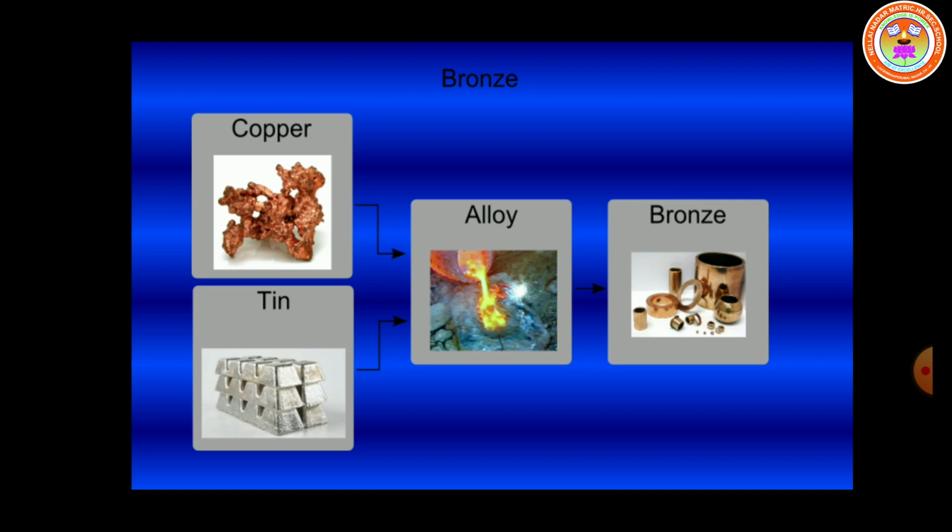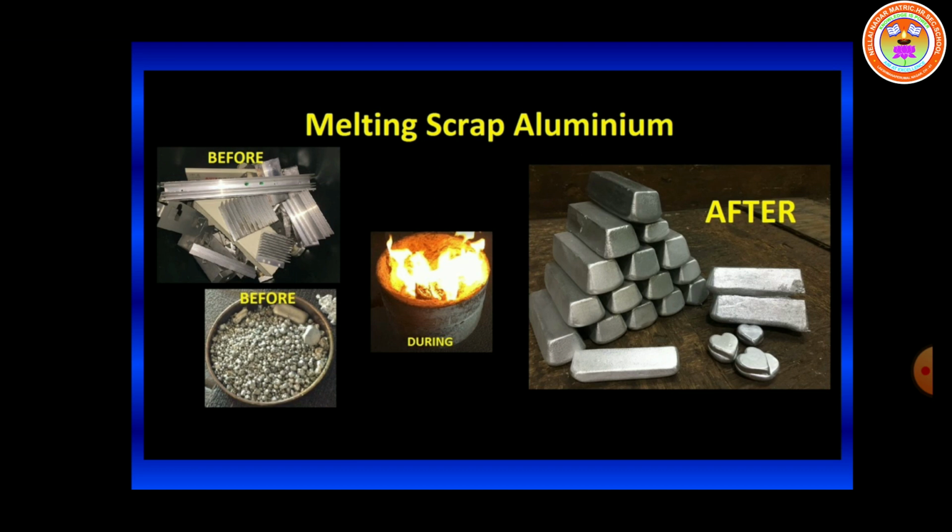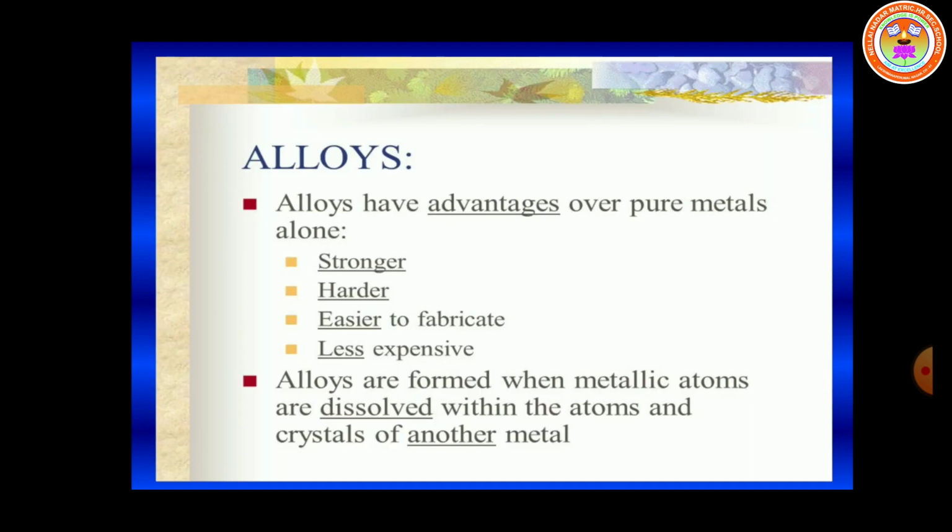Molten copper and tin metals mixed thoroughly produce the bronze alloy. It is generally found that alloying produces a metallic substance that has more useful properties than the original pure metals from which it is made.